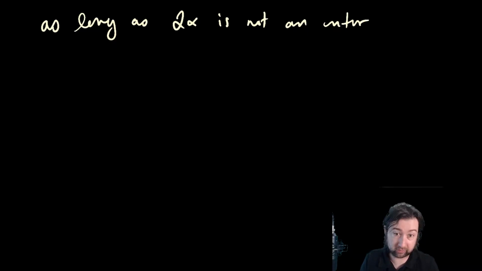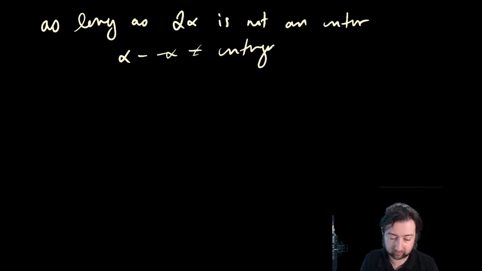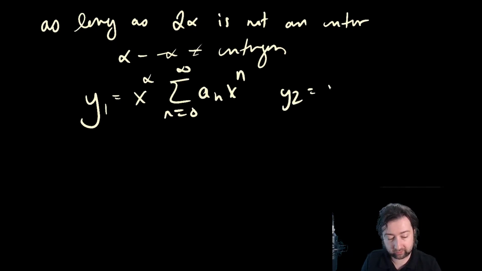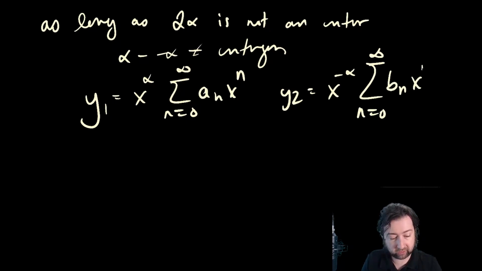So as long as 2 alpha is not an integer, which is really just saying that alpha minus negative alpha is not an integer, then we can assume the solutions have the form y1 is equal to x to the alpha times the sum from n equals 0 to infinity of an x to the n, and y2 is x to the minus alpha times the sum from n equals 0 to infinity of bn x to the n, as is typical of our Frobenius series approach.